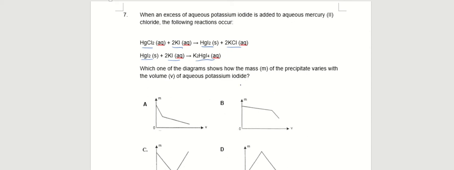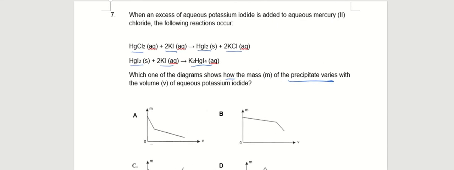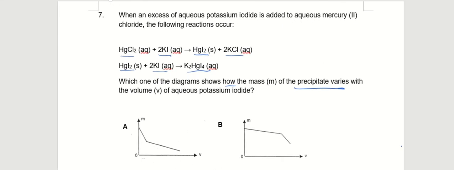The question says, which one of the diagrams shows how the mass of the precipitate varies with the volume of the aqueous potassium iodide? It may look pretty complicated, but let us see whether we can break down this question part by part.